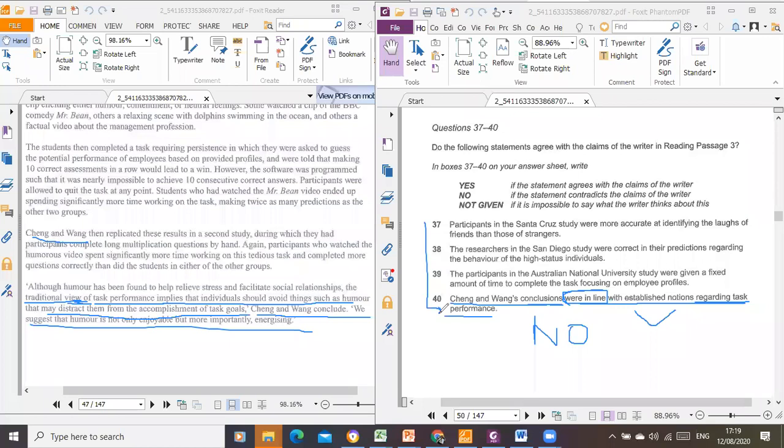So what that means is that you can even have not given everything, but they haven't come like that before, okay? But as you can see here, we have 2 not given and we have 2 no's, no yes at all. All right. Strange, but those are the answers as we could prove from the passage.